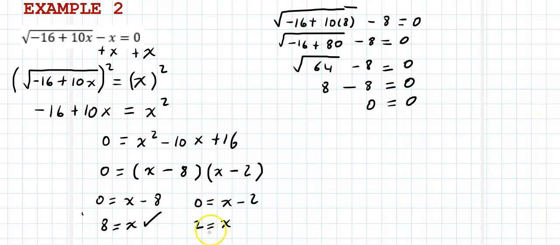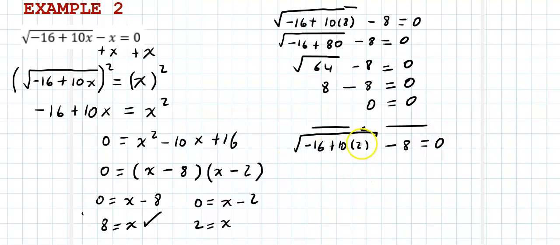Now we are going to try with the solution 2. If we substitute, we have the square root of negative 16 plus 10 times 2, minus 2 equals 0. 10 times 2 is 20, so the square root of negative 16 plus 20, minus 2 equals 0.